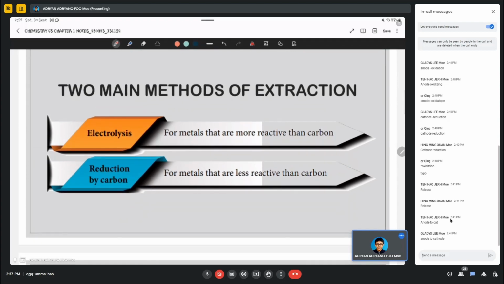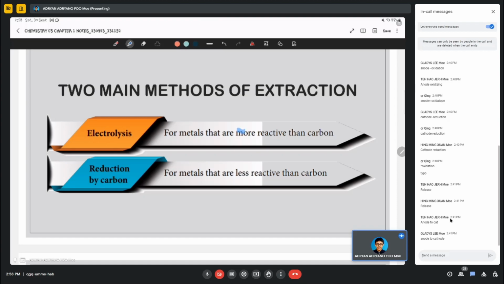So there are two main methods. One is electrolysis, one is reduction by carbon. Okay, you should have learned these before, in lower form, actually Form 3. Extraction of metal. So you need to know in which situation to use which process.